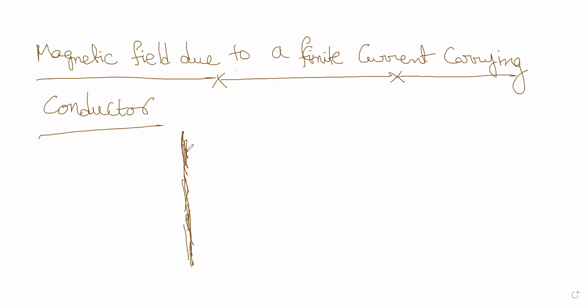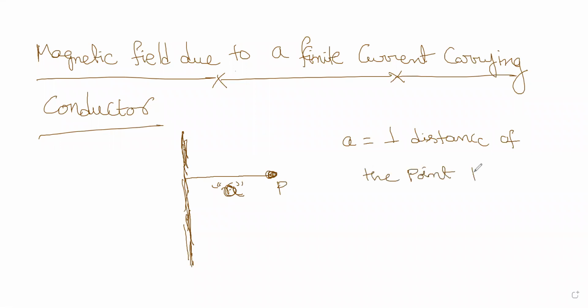From the conductor, we will take a point P at a perpendicular distance of R, or in your textbook, it's given as A. A is, always remember, the perpendicular distance of the point P from the conductor.